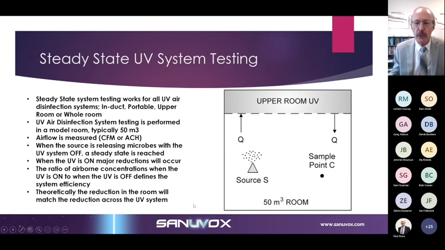The difference between those contamination levels is implicitly the disinfection efficiency of the system. It doesn't matter if it's an upper room, an in-duct, a portable, or a whole room system. This test measures the disinfection efficiency the same for all 4 systems. That is, it puts all 4 systems on a comparable basis.